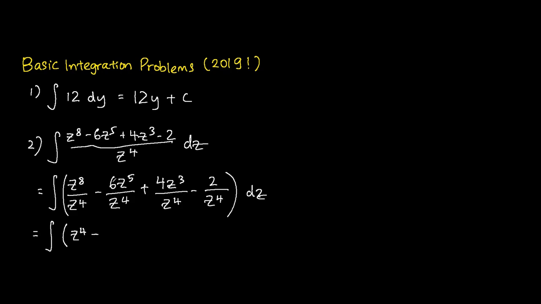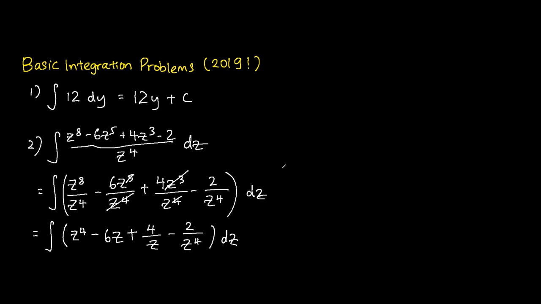The second term, 6z to the power of 5 over z to the power of 4, you can cancel and you're left with 6z. Then 4 times z to the power of 3 divided by z to the power of 4, you cancel and you're left with 4 over z. Minus 2 over z to the power of 4, dz.